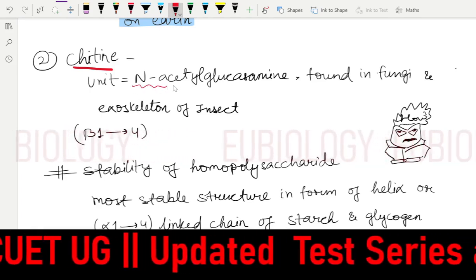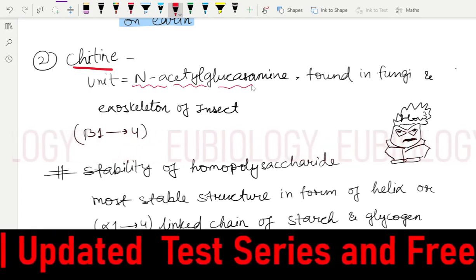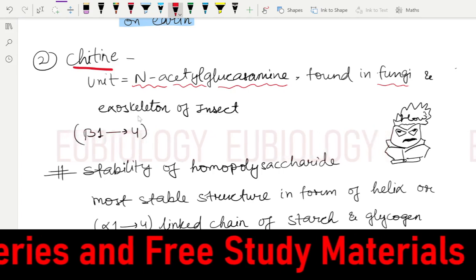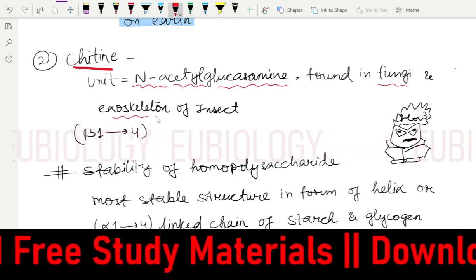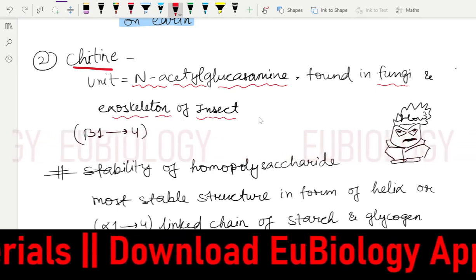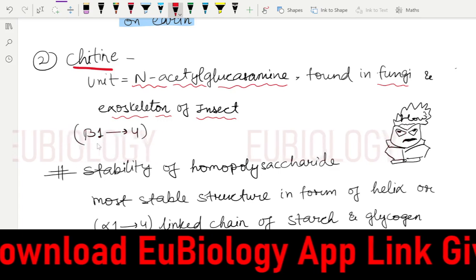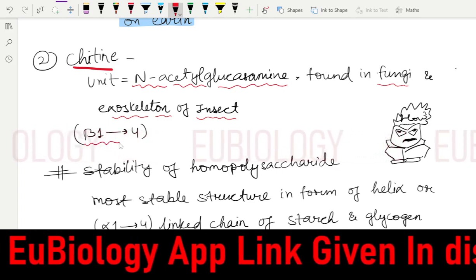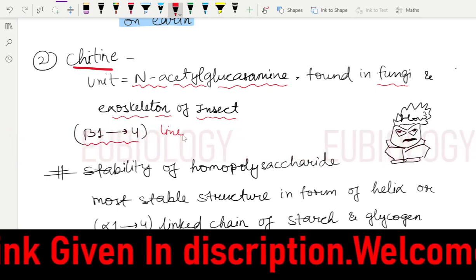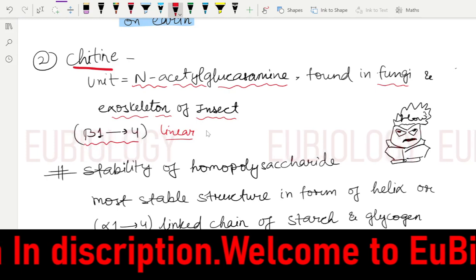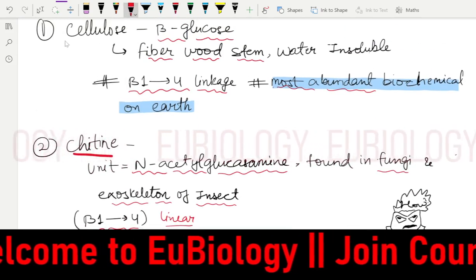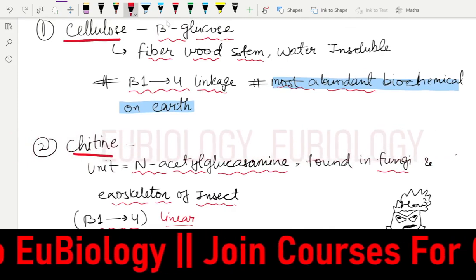So it is made up of the unit N-acetyl glucosamine, and it is found mostly in fungi and in the exoskeleton of cockroach-like insects. Okay. So beta 1,4 is the linear linkage. It is a beta 1,4 glycosidic linkage, and it is linear only. So you have to remember it, chitin and cellulose.